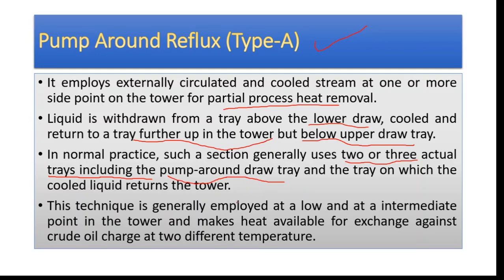So this technique is generally employed at the lower and intermediate points in the tower, and makes the heat available for exchange against the crude oil charge at these different points. Means, as already discussed, the crude oil is used for absorbing the heat of these streams.